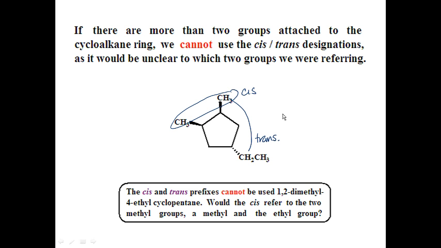You may ask, how would I name this? Wait a few weeks and we'll get there. Okay. So we can use cis or trans if we're pointing out 2 groups, but we can only use it in the IUPAC name if we have just 2 groups on the ring. And again, they have to be shown with the bold and the dashed wedges.